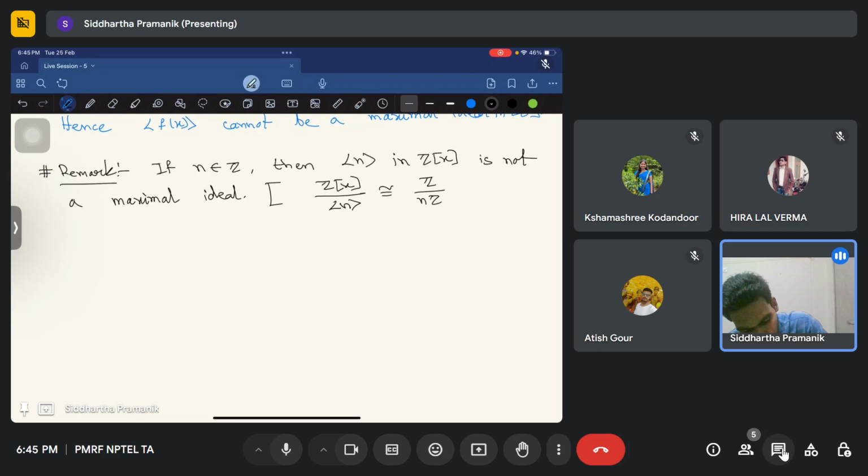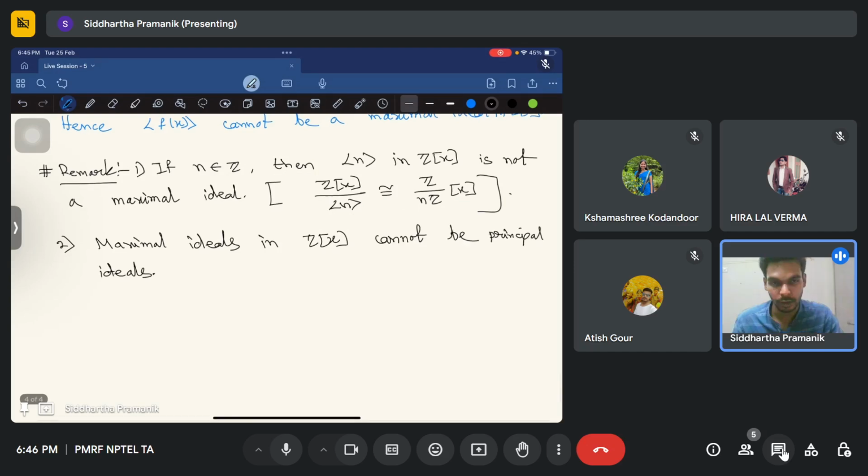That means maximal ideals in Z[x] cannot be principal ideals. Or the other way you can say, principal ideals in Z[x] cannot be maximal.